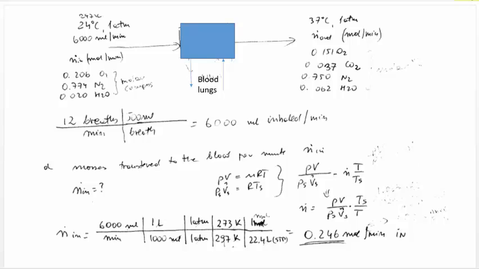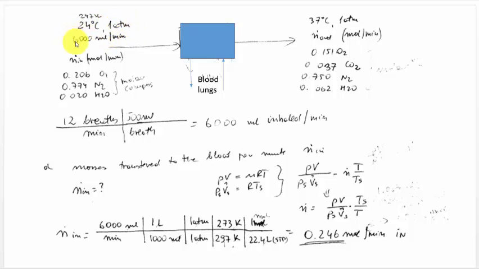We start our process by drawing a process flow diagram. We have the stream entering the system, air inhaled, and the stream out, which is exhaled air. The composition of the inhaled air is shown here, and the process conditions for the inlet stream are 24 degrees centigrade, which is equal to 297 kelvins, and 1 atmosphere pressure.